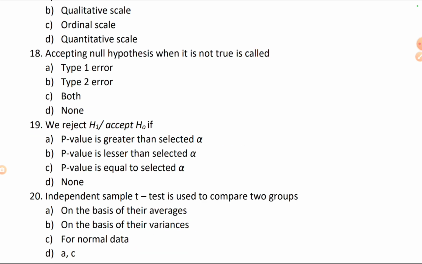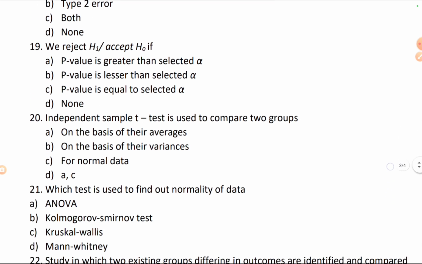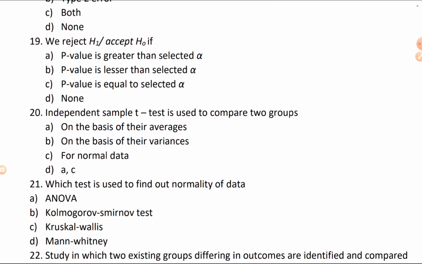Accepting null hypothesis when it is not true is called option A, type 1 error, option B, type 2 error, option C, both, option D, none. The answer is option B, type 2 error. MCQ number 19.